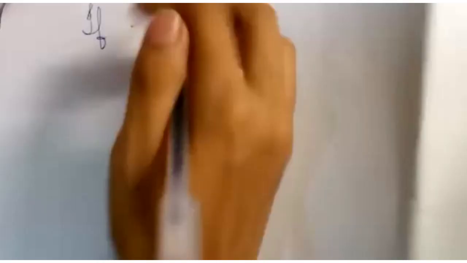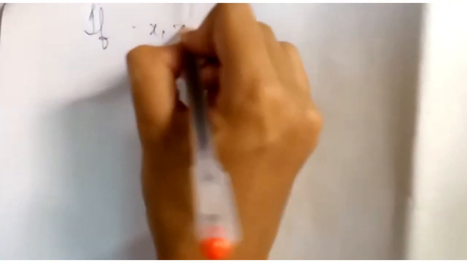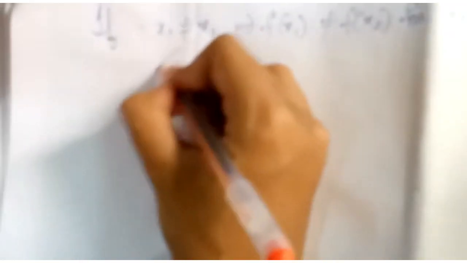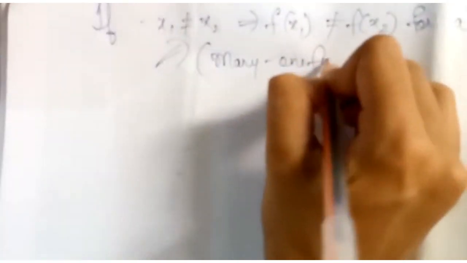Now if x1 is not equal to x2 implies f of x1 is not equal to f of x2 for all x1, x2 belonging to x. A function which is not 1-1 is known as a many to one function.